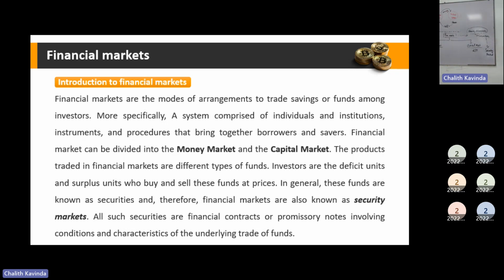In general, these funds are known as what? Securities. Therefore, financial markets are also known as security markets. And all these are contracts, right? Whatever the financial instrument, it's a contract between the issuing institution as well as the other party.